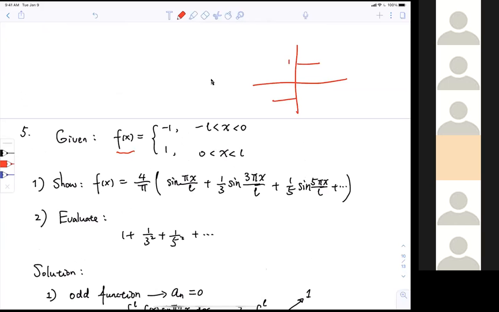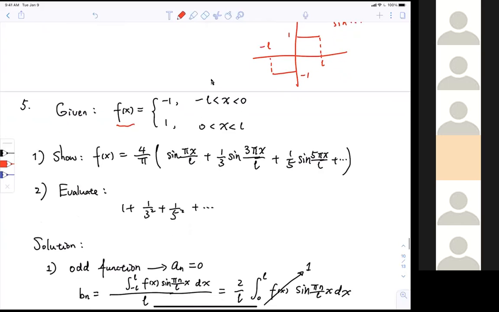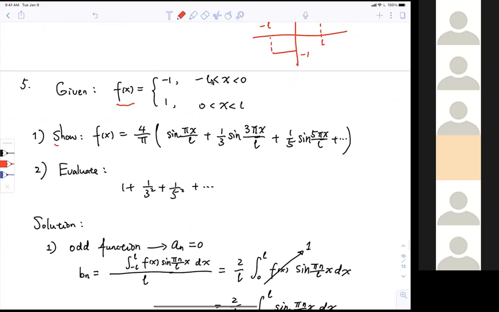It's like this: 1, minus 1, L, minus L. So we notice that it's an odd function, and then you should know if the question asks us to do a Fourier series expansion, then it must be sine terms. Okay, so the first question: show this function can be written in this way.